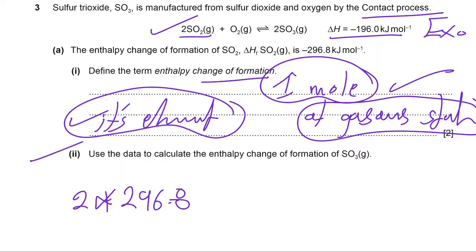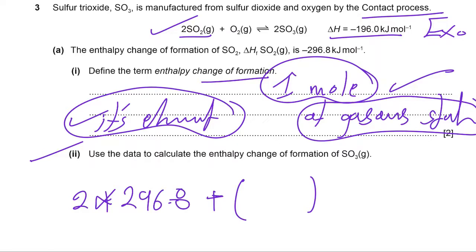Oxygen, you don't need to know the delta HF of oxygen because it's already an element. Then SO3, it's already formed, so here you will take it as a positive.